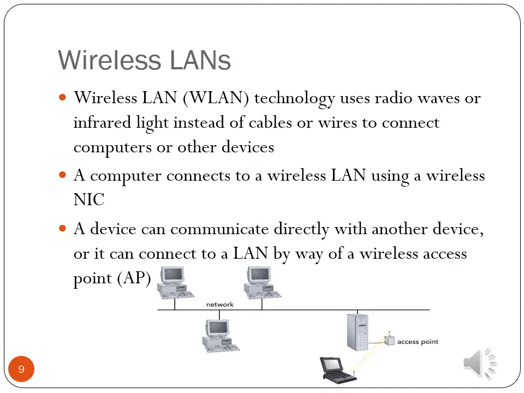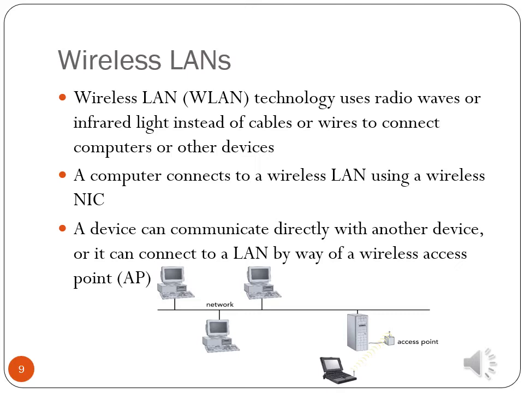Now, one other thing I should mention, wireless access points work like a hub. Many times I get questions, how many computers can connect to one wireless access point? The answer, number one, depends on the access point itself. Some access points do have limits, like 15 devices at one time or something like that. Other access points don't have those limits.